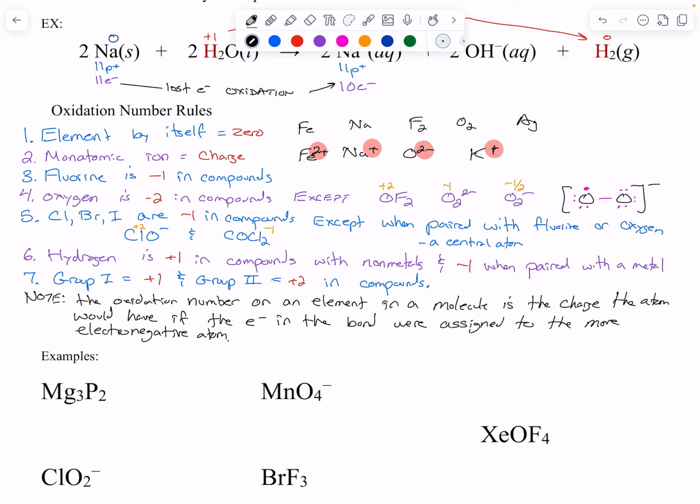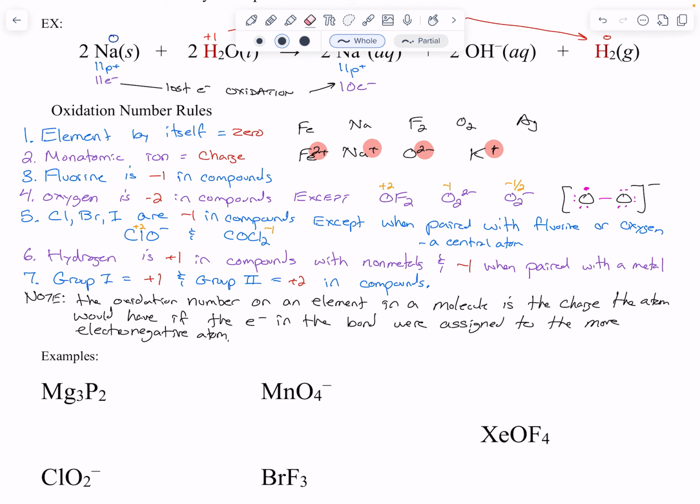Right? Because we might have a compound, a molecule, that does not have fluorine, oxygen, chlorine, or hydrogen in it. Or if it does, there's other elements, like if I have nitrogen and sulfur and hydrogen and carbon. Like, what's going on here? Right? And so the more electronegative atom gets the electron. All right? If that makes sense to you. Okay? And so we'll do some examples.